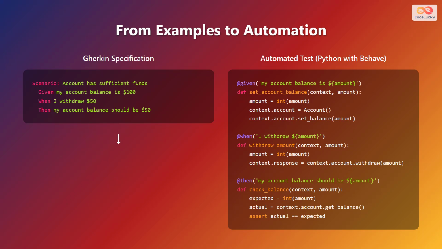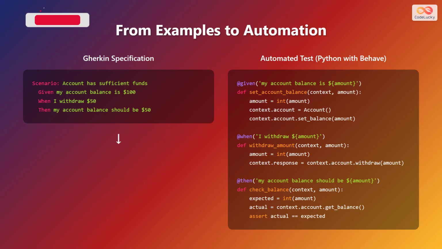On the right, we have the automated test using Python with the Behave framework. Decorator: given, my account balance is $amount. Define set account balance. Amount equals integer of amount. Context account equals account. Context account set balance amount. Decorator when I withdraw dollar amount.